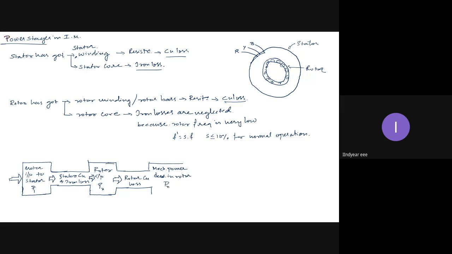PM, or gross torque. Mechanical power is torque TG, gross torque. Then out of this power developed in the rotor, some is utilized to satisfy friction and windage loss.